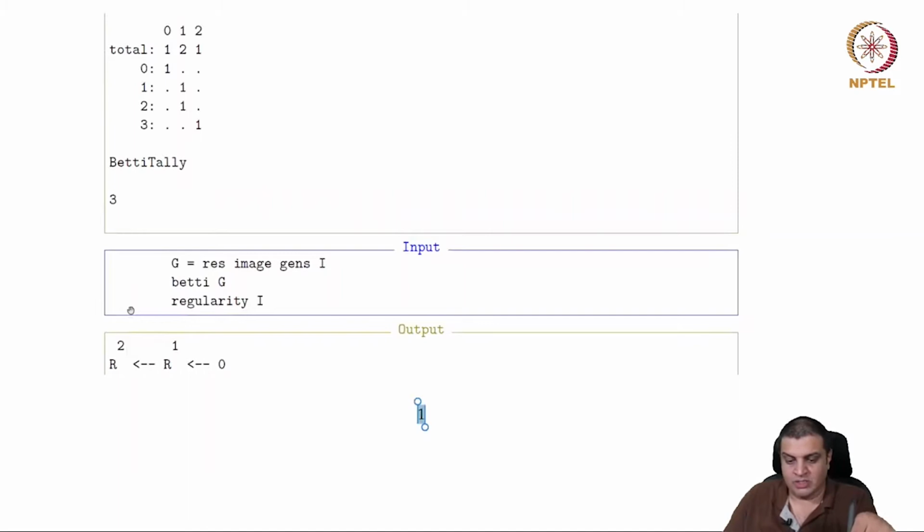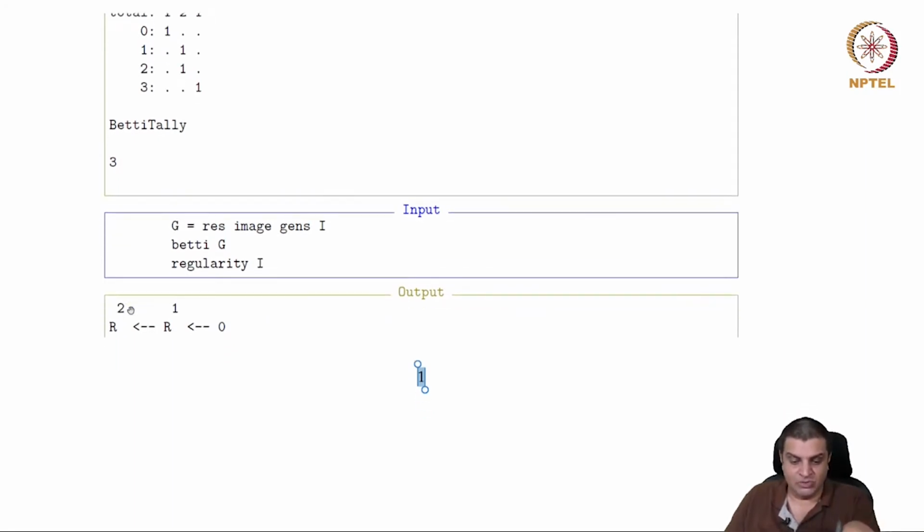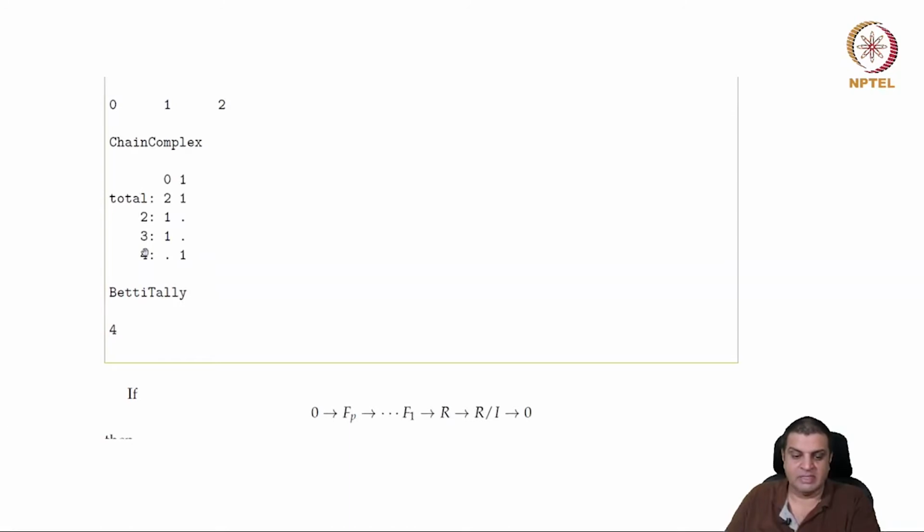Now, suppose we want the regularity of the module which is actually I. So we ask for a resolution of the image of the generators of I. If you ask for a resolution of I, it will just take the cokernel R mod I, so we actually have to ask for that map. Then we get a map from R1 to R2, and this is the Betti table.